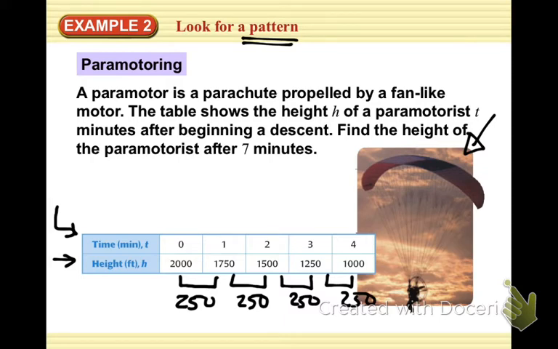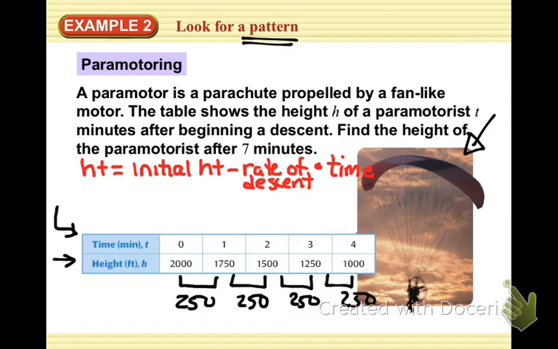Now we're going to write an equation, or we could write a verbal model first. So if we take his initial height, which is 2000, and subtract the 250, that's how much he's descending each minute, we can calculate where he'll end up in 7 minutes.